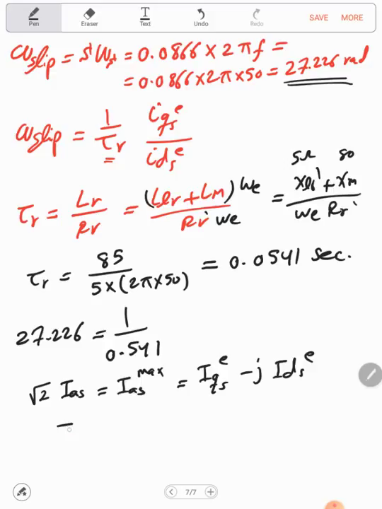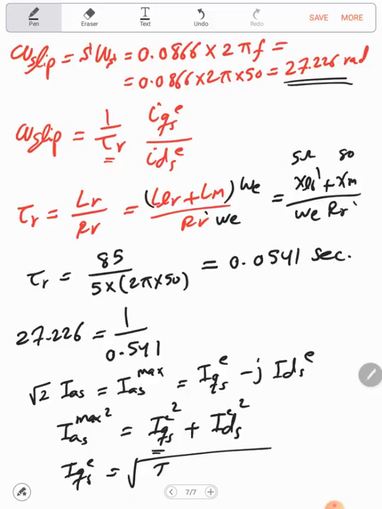So IAS max square will equal IQS square plus IDS square. So if I solve this one with respect to IQS, I will get the IQSE equal to square root of IAS max square minus IDSE square.